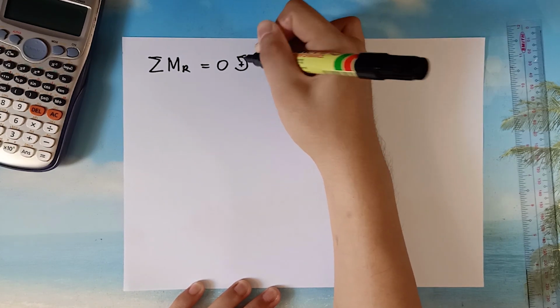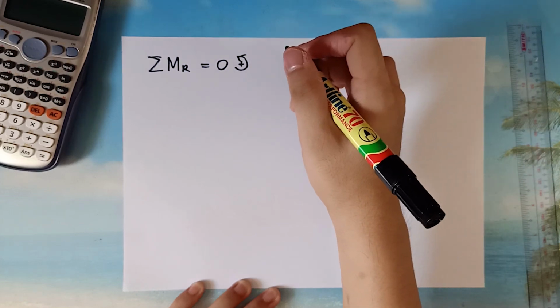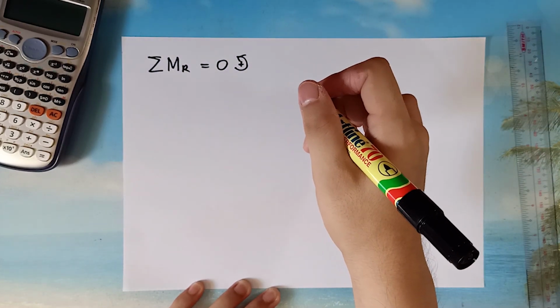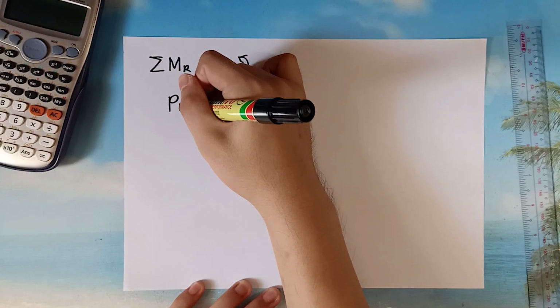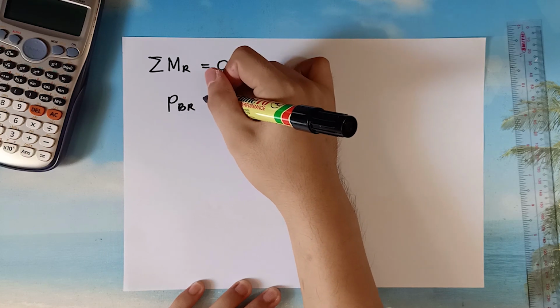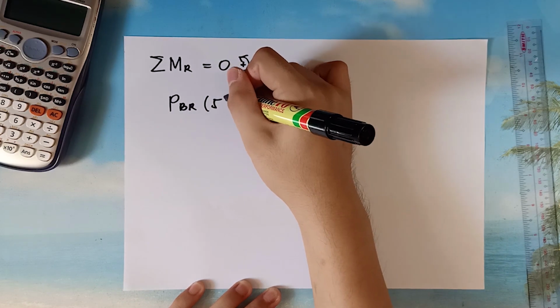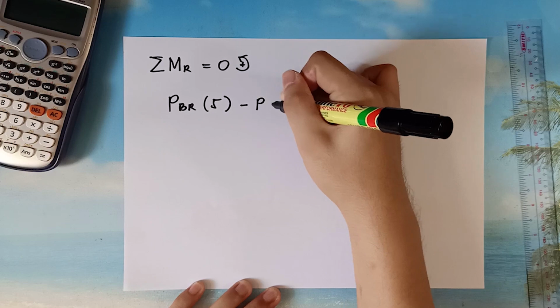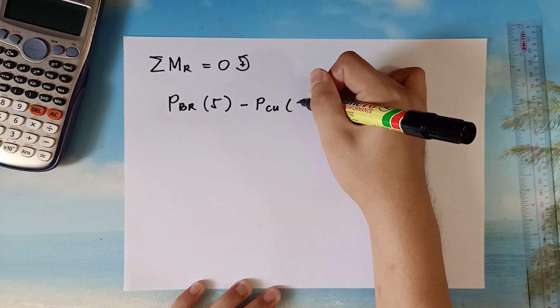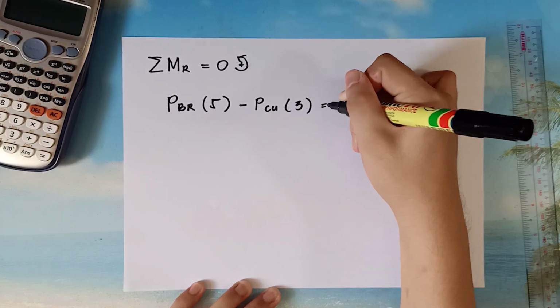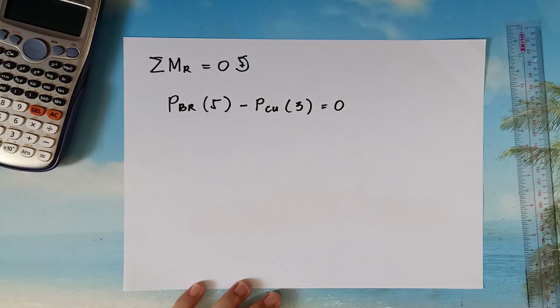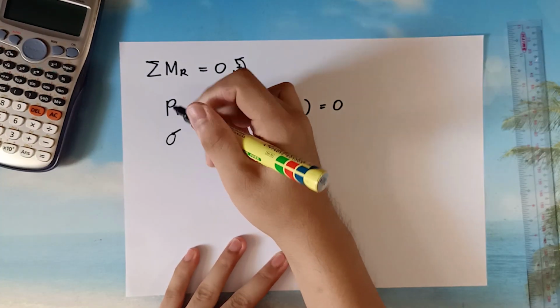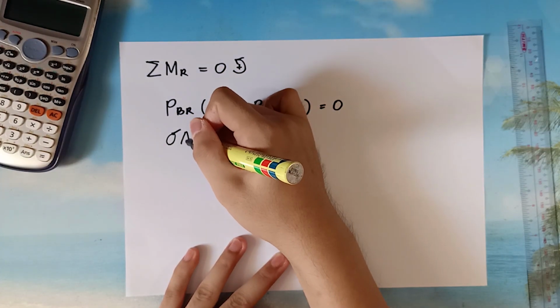We have summation of moment about the hinge equals 0, counterclockwise positive. We have force of bronze with its moment arm 5 minus force of copper with its moment arm 3 equals 0. We all know that stress is equal to P over A.